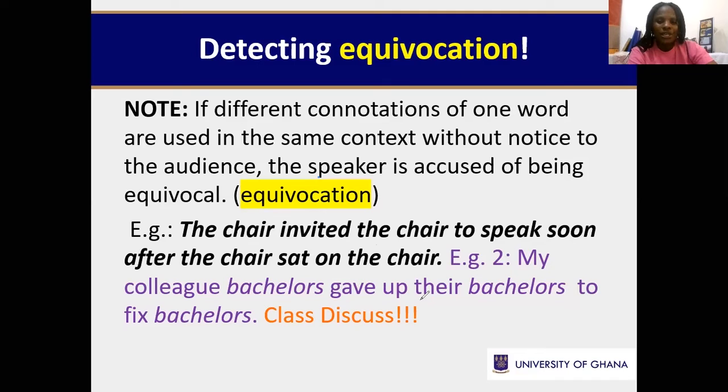The second example you see here is: my colleague bachelors gave up their bachelors to fix bachelors. Now this is equivocation. My colleague bachelors, human beings, men and unmarried, gave up their bachelor's degree to fix bachelor's button. You need to know what the person means, otherwise they play on you and get an advantage.